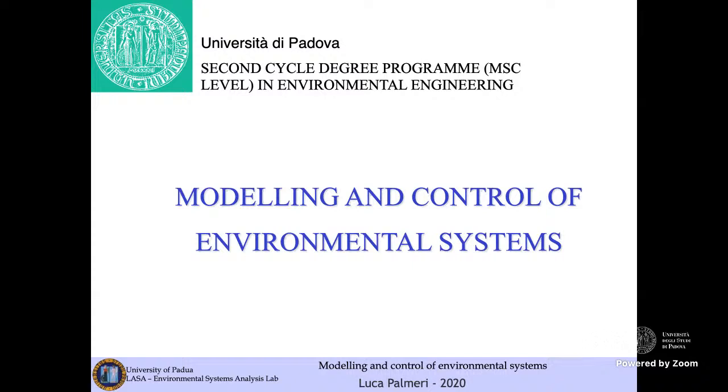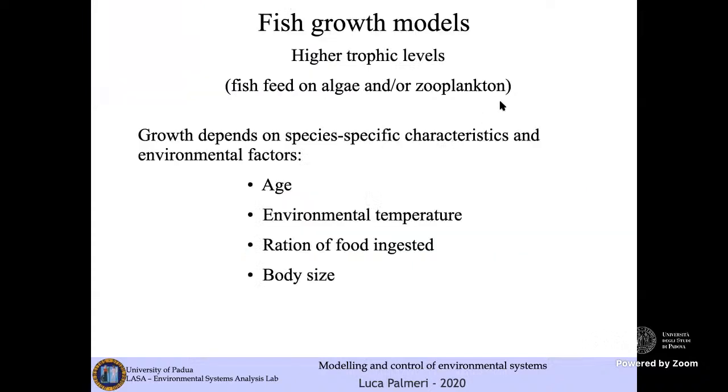On the contrary, what we will discuss today is a completely reverse approach from the scale point of view. Today we will introduce fish growth models, models that we may employ for describing higher trophic levels. In particular, with these models we study the interaction between algae and/or zooplankton and fish, because you know that fishes feed on algae and/or on zooplankton.